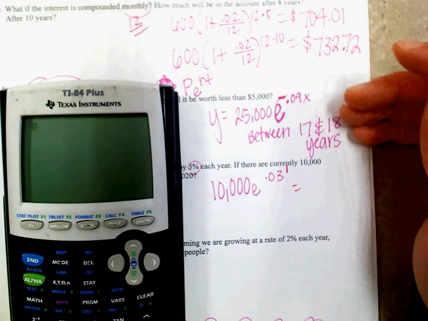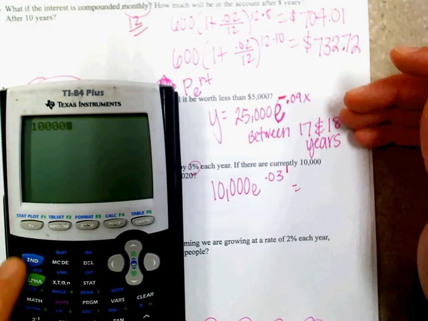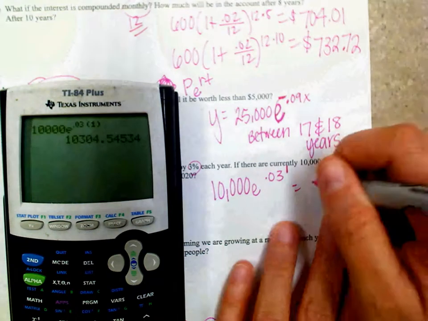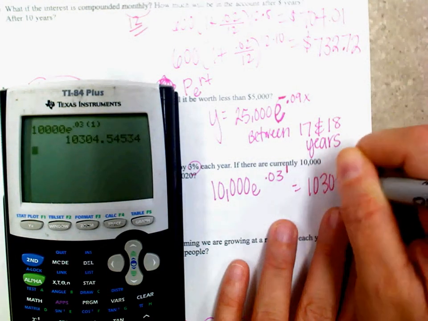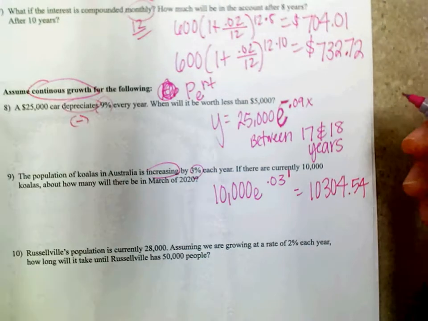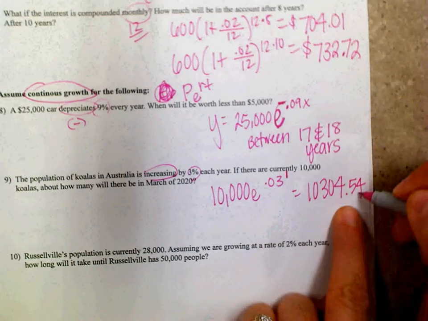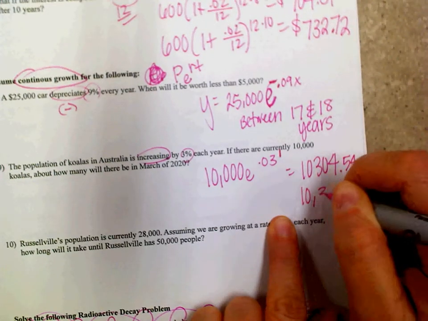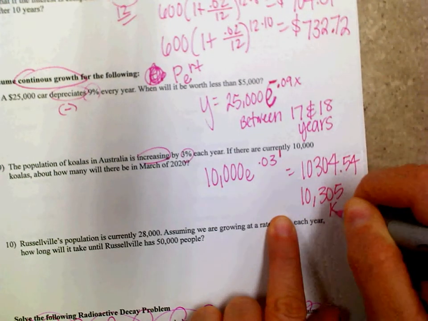So 10,000, E, up to the 0.03 times 1, 10,304.54, but let's think, can we have a koala that's a 0.54? No, so I'm going to round this and make sure I label.